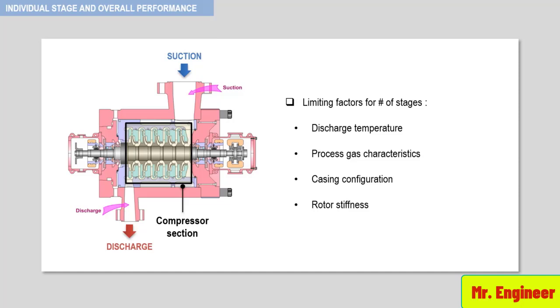Such a phenomenon is usually temperature-related and can influence the number of intercooled sections for a given application. Also, a large number of stages on a single rotor can reduce the rotor stiffness and thus reduce the natural frequency of the compressor.